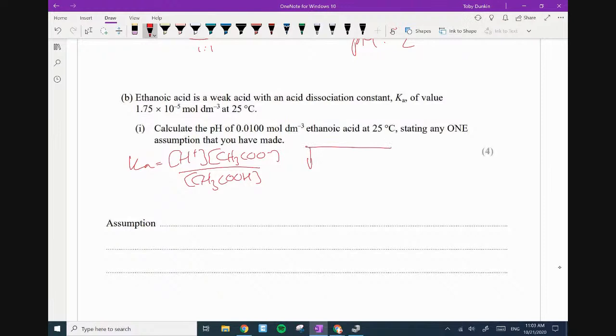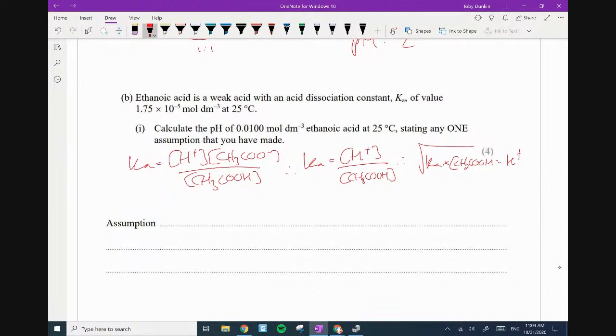Therefore Ka equals H plus squared over the acid, CH3COOH. Therefore, root of Ka multiplied by the original concentration of the acid gives me H plus.